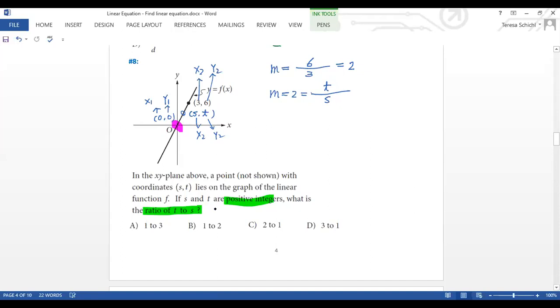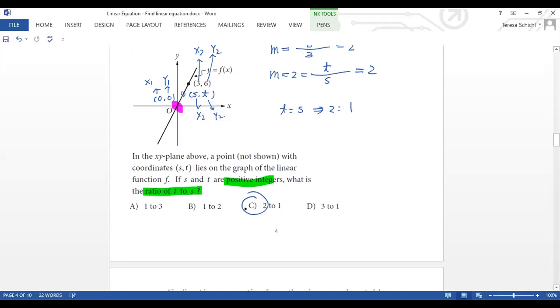They want to find the ratio of t to s, and this ratio is 2. So t to s is 2, which means t is twice s, so it's 2 to 1. What is the answer here? The answer is C. Pretty good problem.